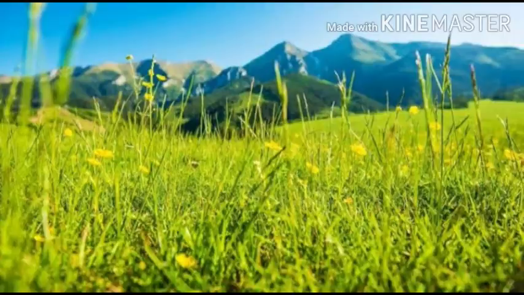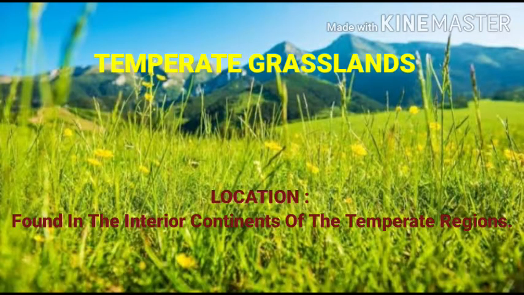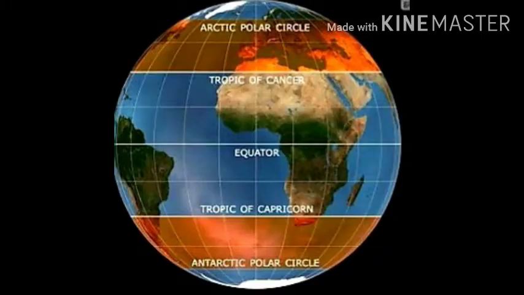Economic activities like rearing of animals are conducted and some lands in the grasslands have been cleared for agriculture. Now, the second type of grasslands are the temperate grasslands, which are found in the interior of the continents in temperate regions. Children, I already told you about what a temperate region or zone is. It is a region which lies between the tropics, that is the Tropic of Cancer or the Tropic of Capricorn, and the polar circles, namely the Arctic Circle or the Antarctic Circle.